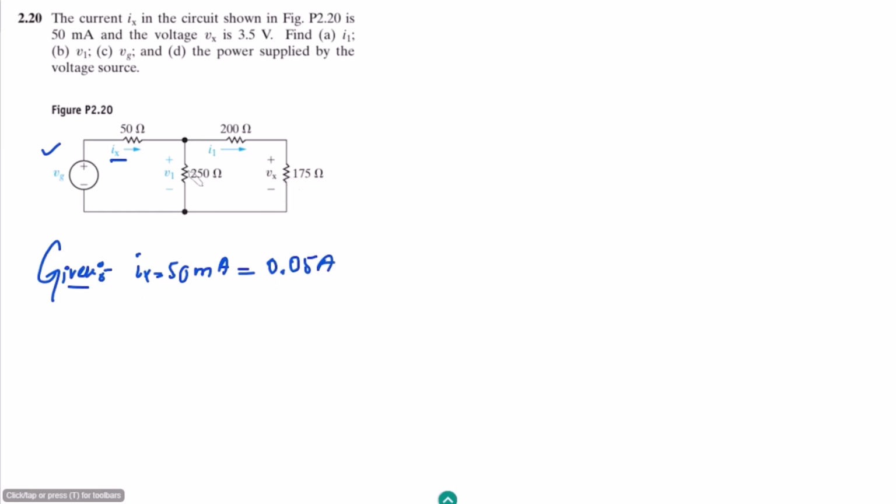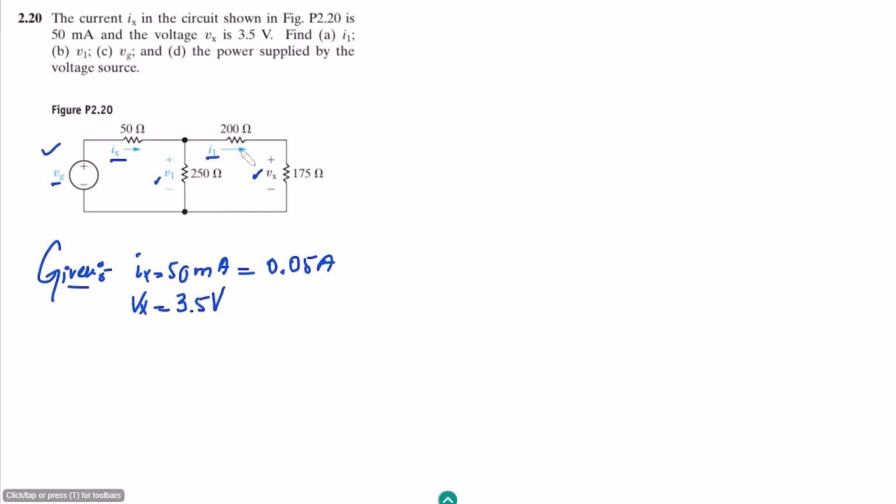Also the voltage Vx is 3.5 volts. On the basis of it, we have to find I1, which is here, V1, which is here, VG, which is the source voltage, and the power supplied by the source.